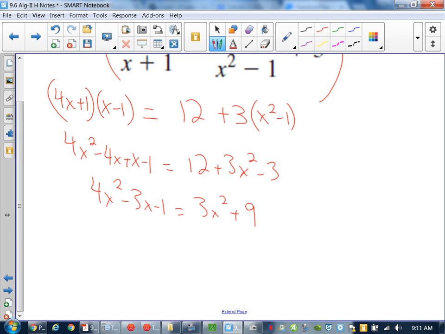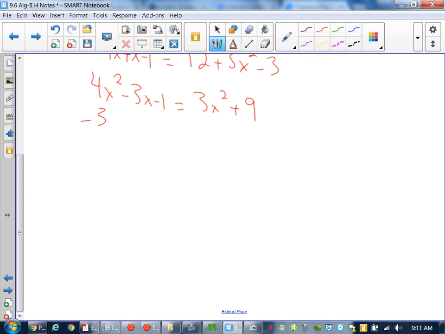So subtract the 3x squared, subtract the 9, and I get x squared minus 3x minus 10 is 0. Which means you have to do what? Factor. No solution. Done. I'm out. What times what is negative 10? You add together to get negative 3. Negative 5 and 2. Very good.